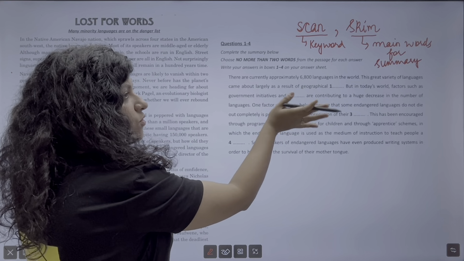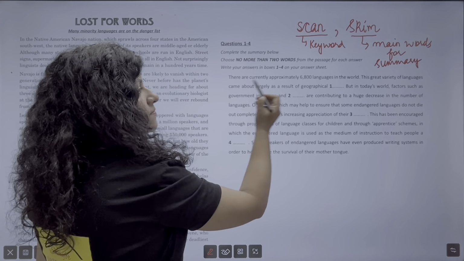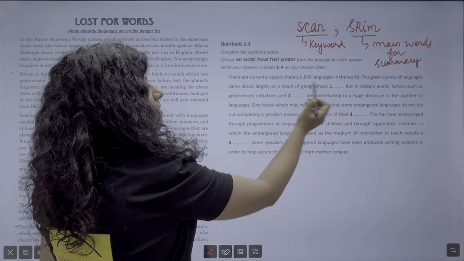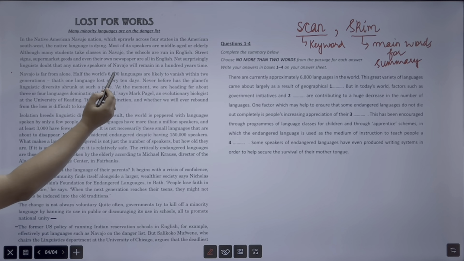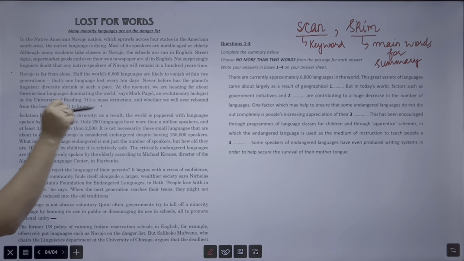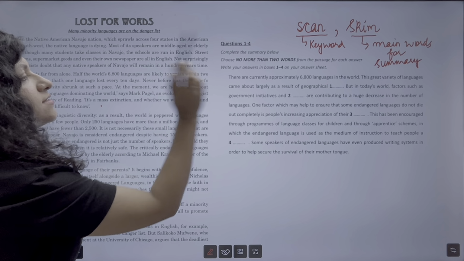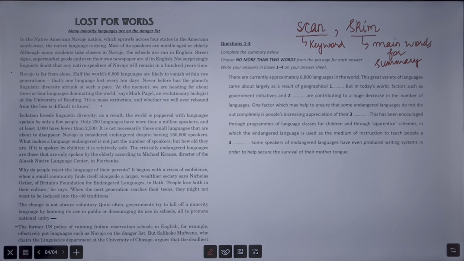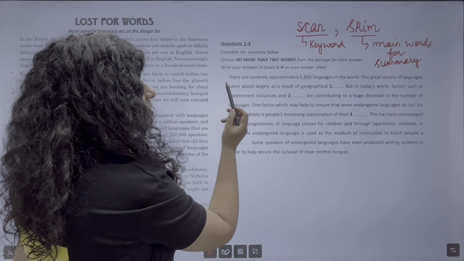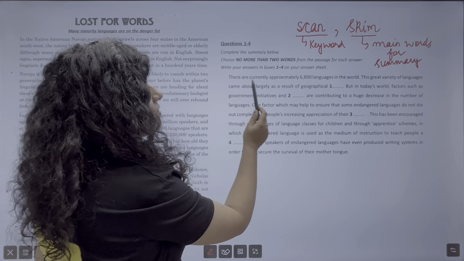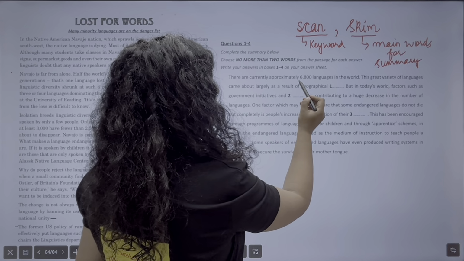And for that, what we do is we identify the keywords in the summary, and once we have located the keywords in the text, then we read around those keywords to look for the answer. Understood? Now, let's identify the keywords in the question. The keywords there are currently approximately 6,800 languages in the world. So you see this figure?